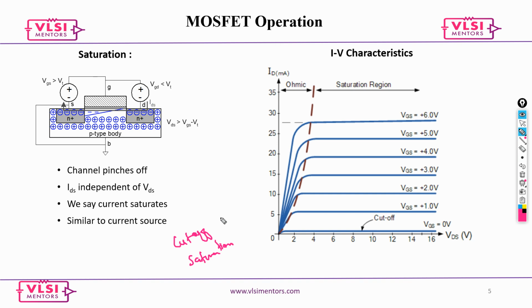When designing a digital chip, we try to maintain the transistor either at zero or one, as simple as that. We don't have anything between them. There is nothing that you maintain somewhere in between. So for digital designers, we always maintain it either in cutoff or in saturation.